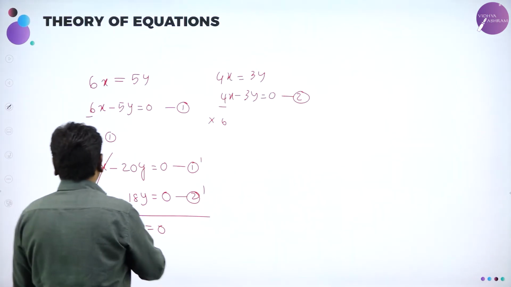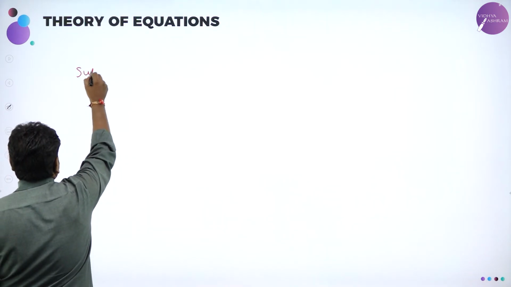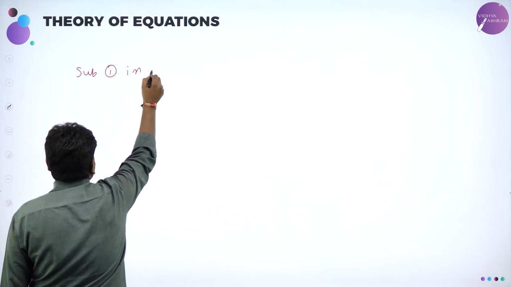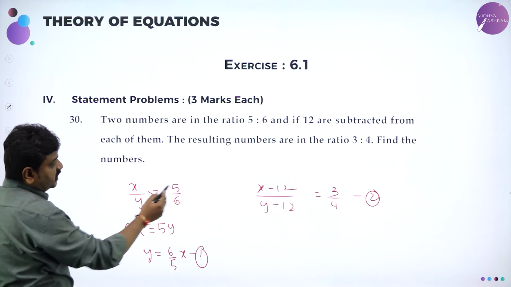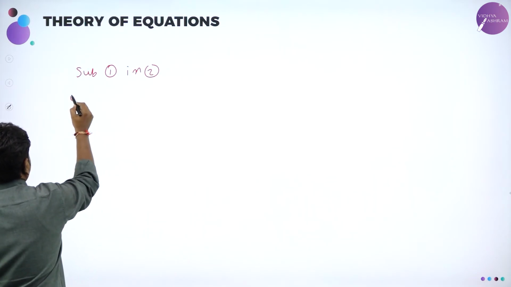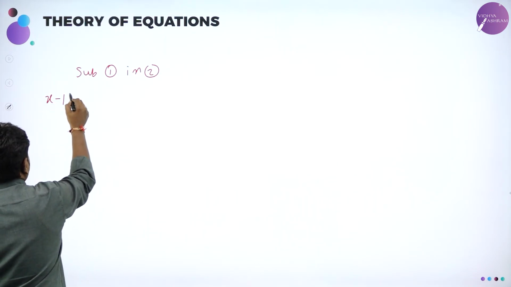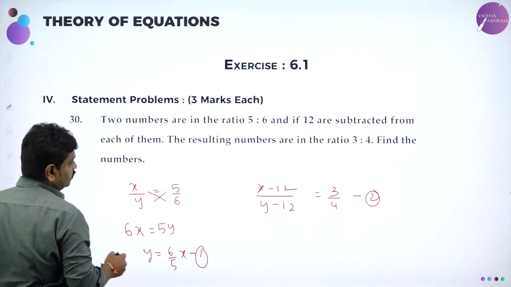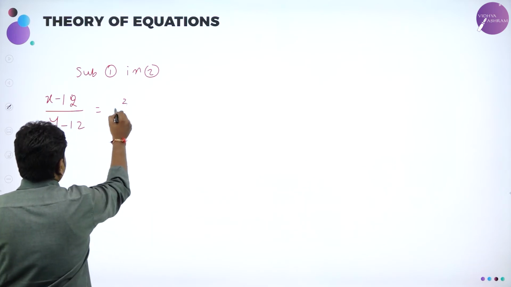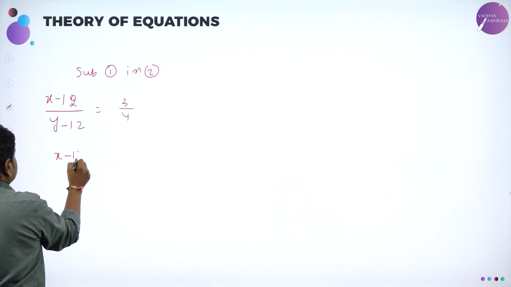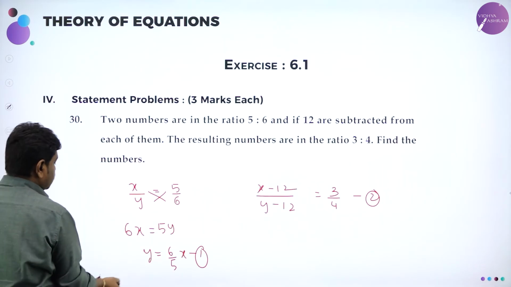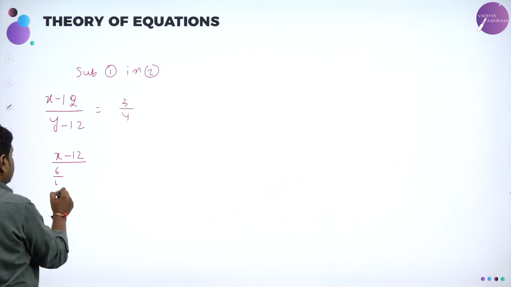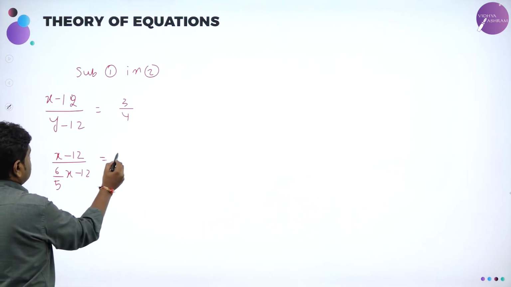Substitute equation 1 in 2. What is 2? x minus 12 by y minus 12 is equal to 3:4. In this, I'll put the value of y. What is y? Dear students, y is 6/5 times x. So 6/5 times x minus 12 is 3:4.